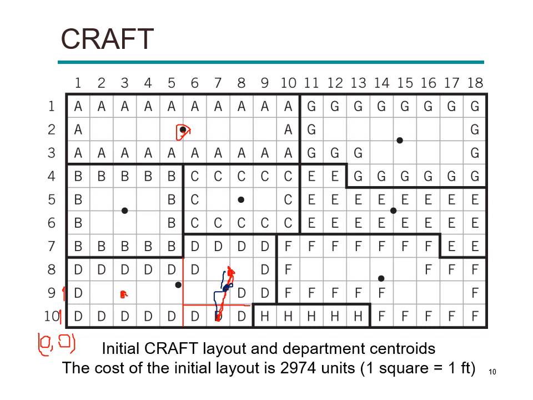The ratio of this length to this length must be equal to the ratio of the size of this smaller rectangle to the size of the larger rectangle.